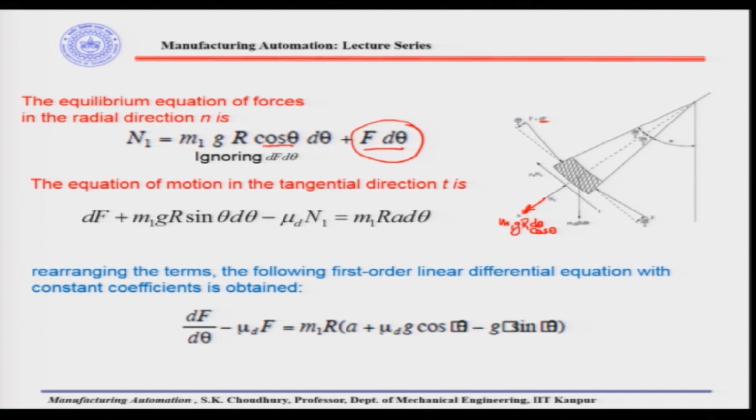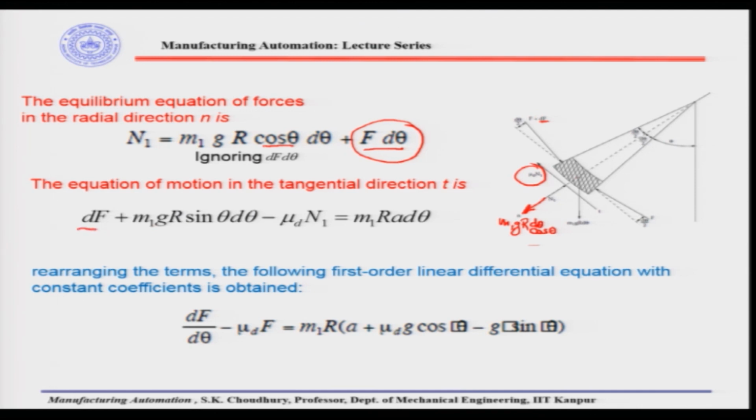So, the equilibrium equation will be this, that is N1 minus m1 g r d theta cos theta minus F d theta, because of these two, because here the component will be coming in this direction. The equation of motion in the tangential direction, let us say in this direction perpendicular to n1, this will be the friction force mu d N1. Then we will have the F cancelling and we have the dF.